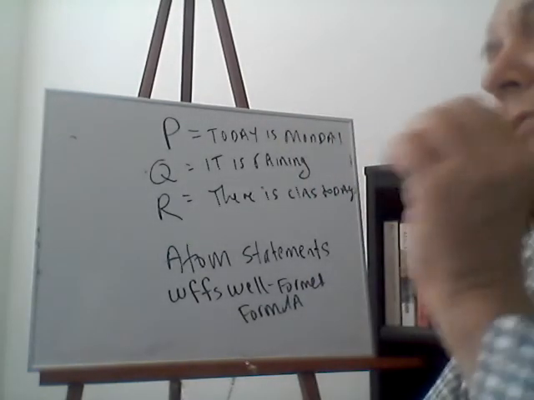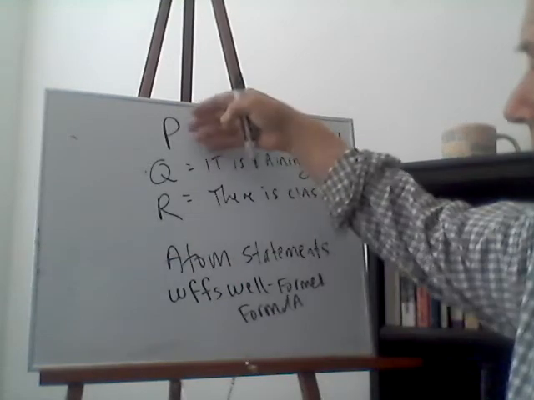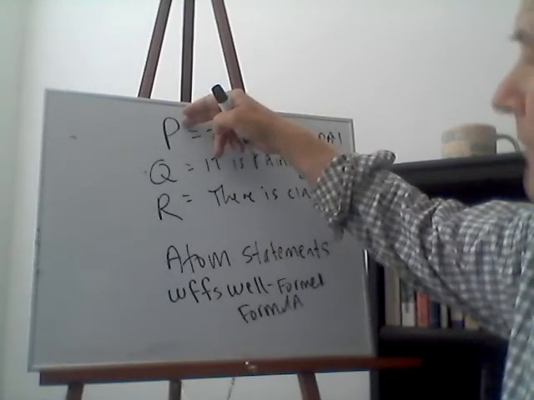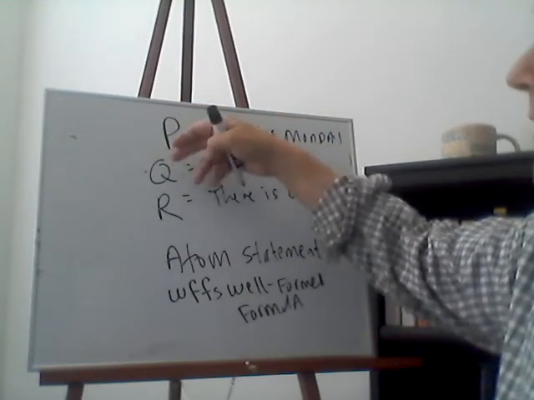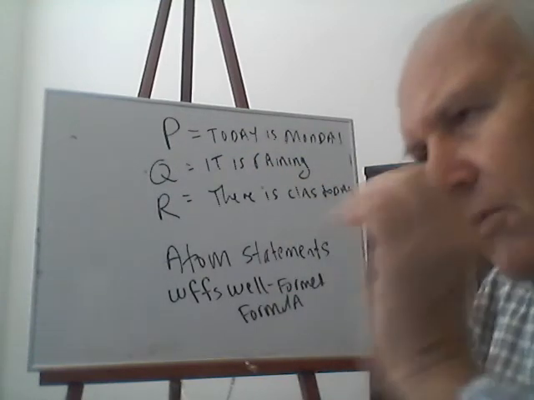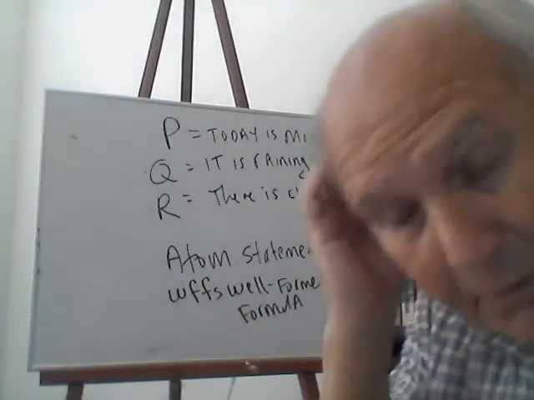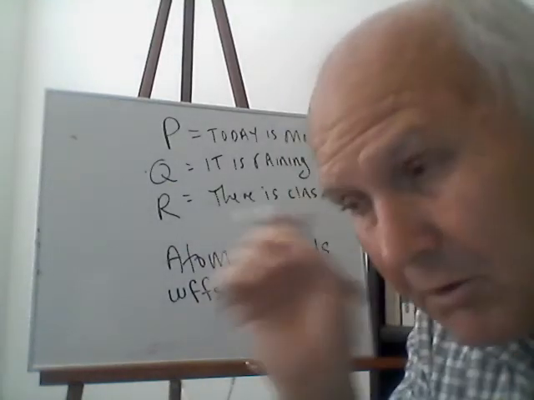So when I use the expression WFF, I'm talking about things like this. P is a WFF, Q is a WFF, and R is a WFF. Every meaningful statement in propositional logic is going to be a WFF.